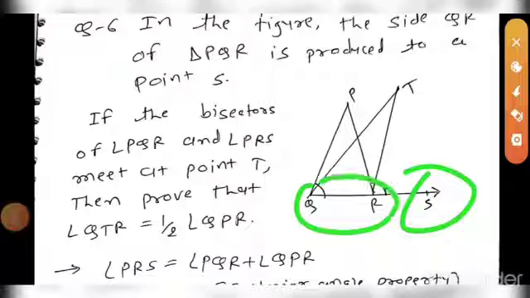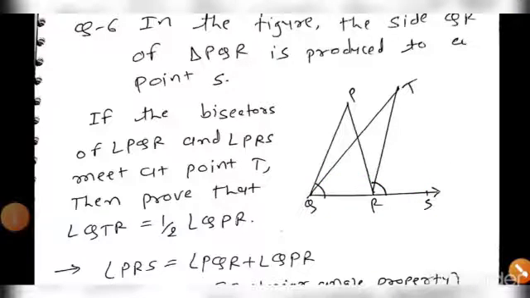This is the side QR which is produced, and S is the point to which it is produced.